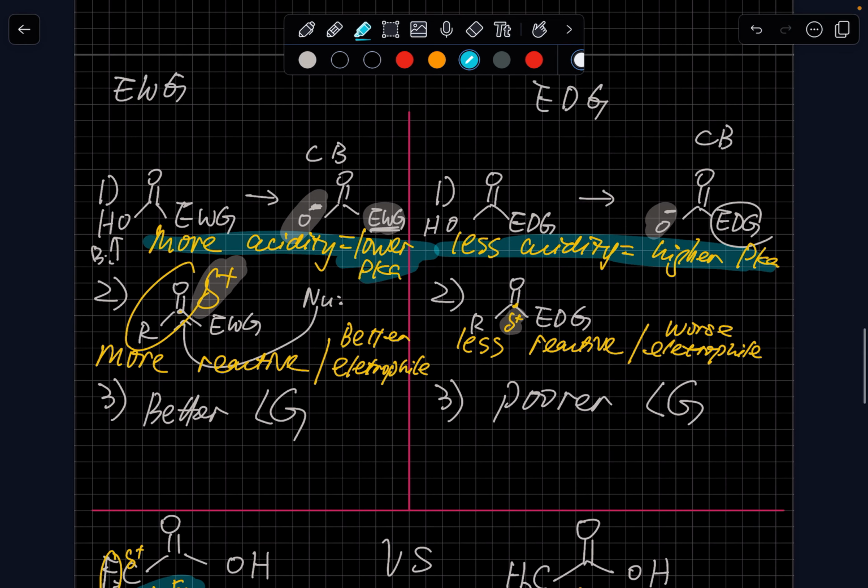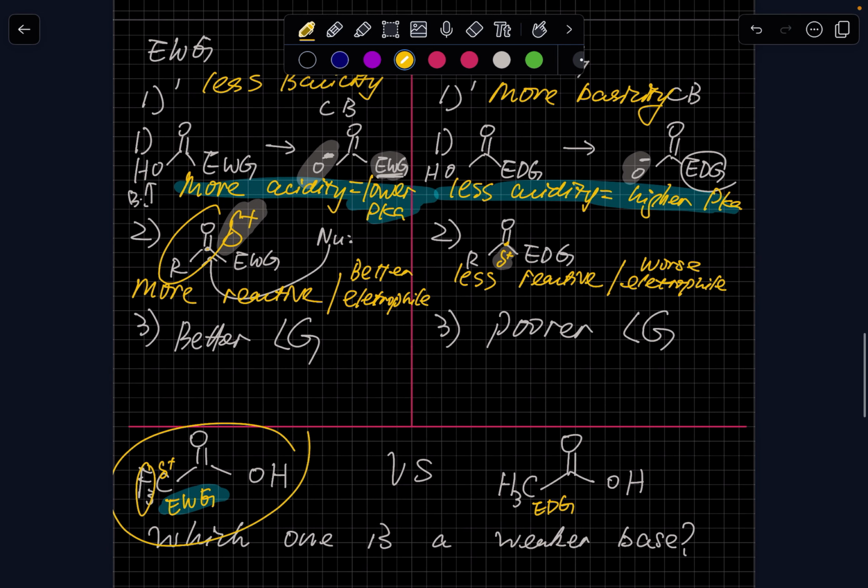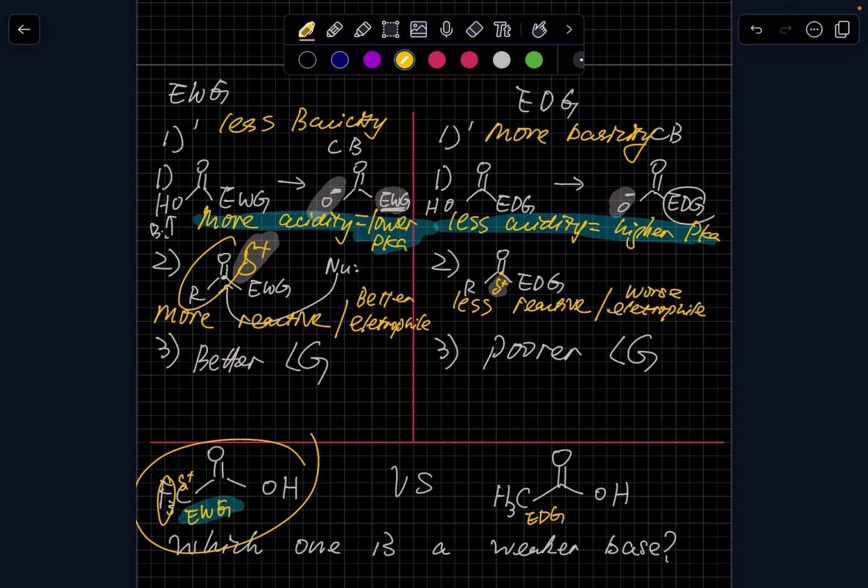More acidity means less basicity, and here, 1 prime has more basicity. So that makes this a weaker base. I hope it's clicking.